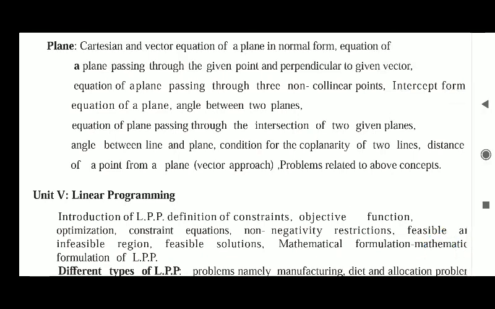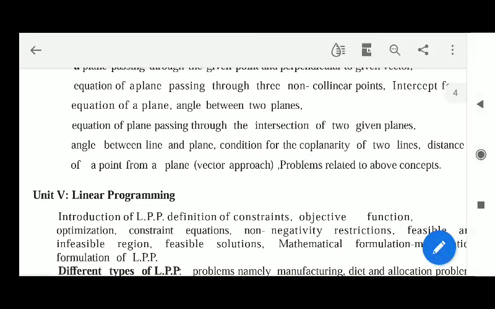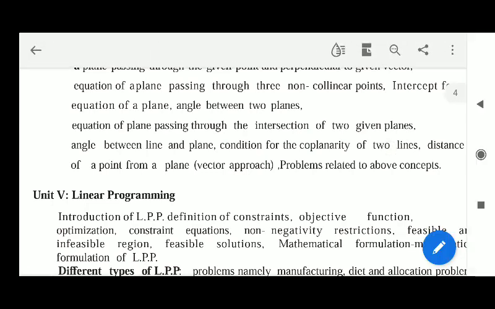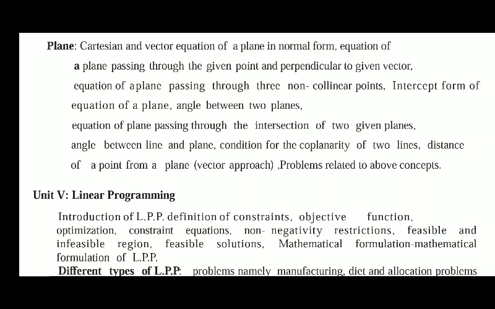The next one is the equation of a plane passing through non-collinear points, the intercept form of the equation of a plane, angle between 2 planes, the equation of a plane passing through the intersection of 2 given planes, and angle between 2 lines. In place of space, here you are going to learn about the plane, so it has some different formulas and different derivations.